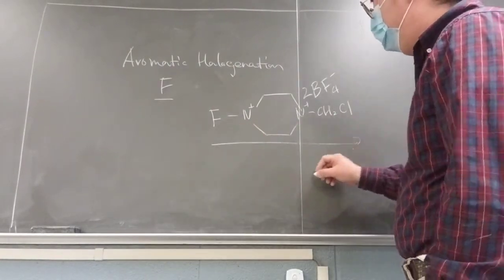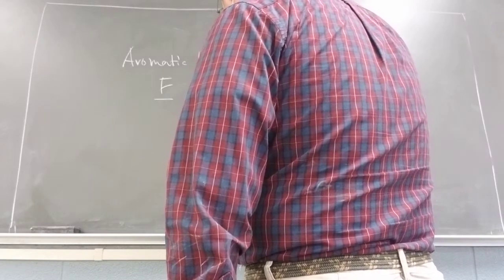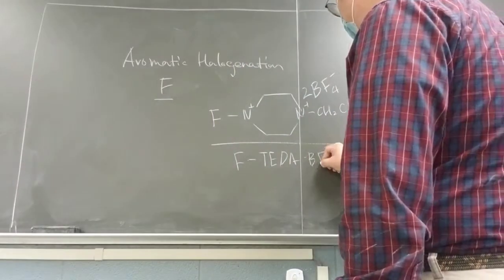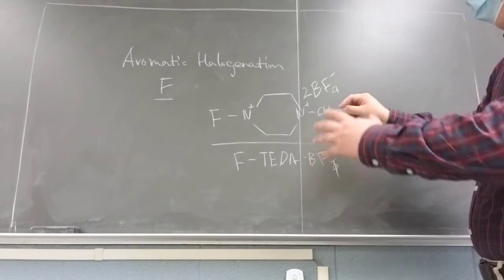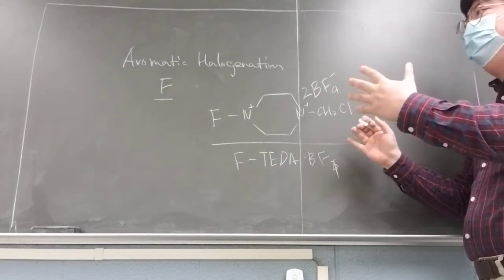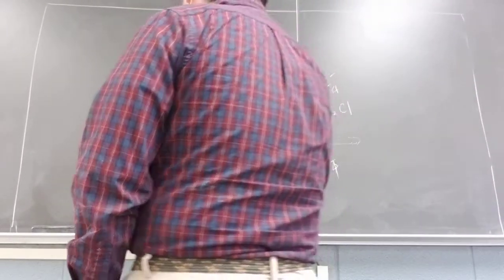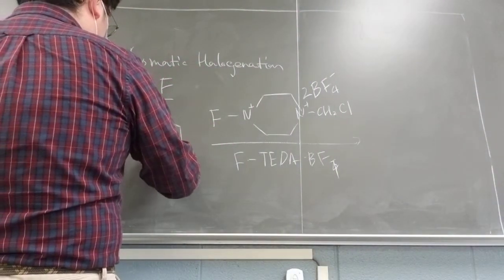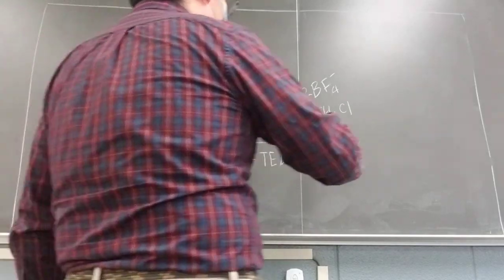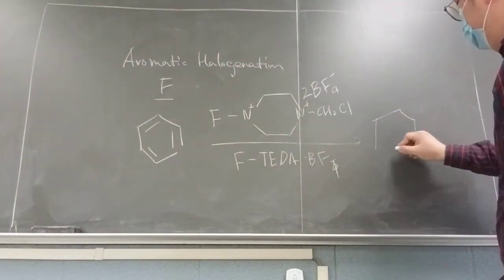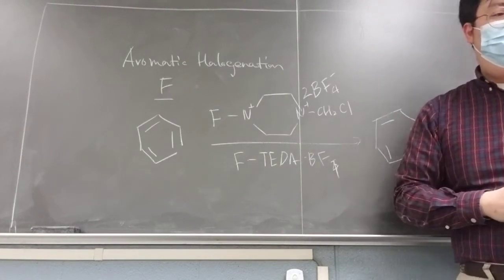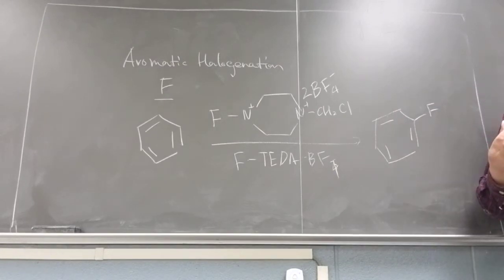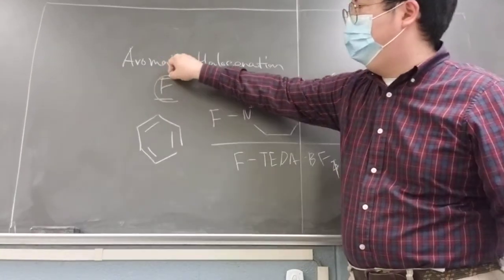We name this one as a fluoro TEDA boron fluoride. Okay, so this is a way to make the reaction happen in a safer and more stable way. So whenever you do the fluorination on the aromatic compounds over here, it's just because this fluorine is very reactive.